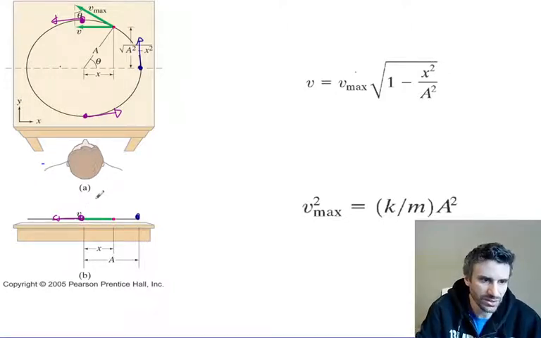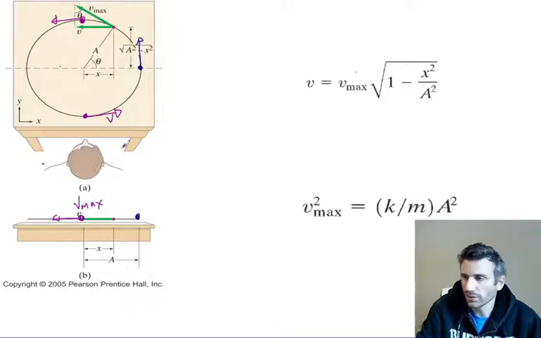And so it turns out that V max isn't this V max here? This is what I'm expressing here as V max. And V max is the same thing as the tangential velocity in the circular motion. This velocity along the tangent is the same as this V max. Those are one and the same.